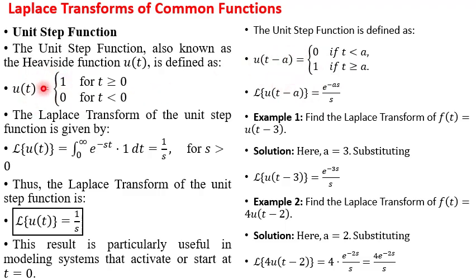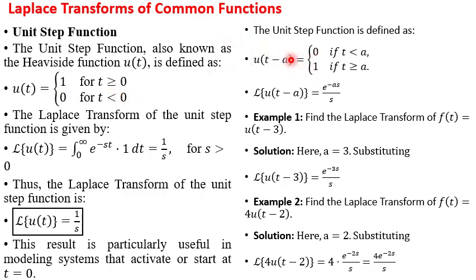By this definition, the function is 1 for t greater than or equal to 0, and 0 when t is less than 0.